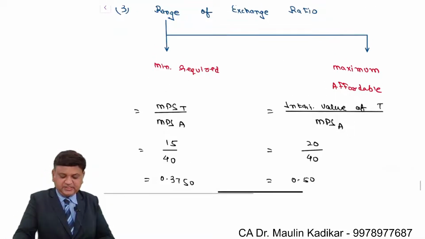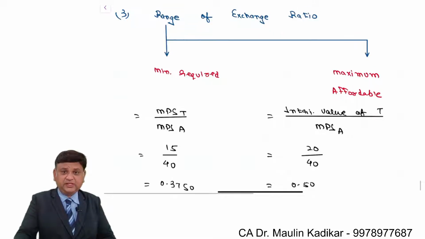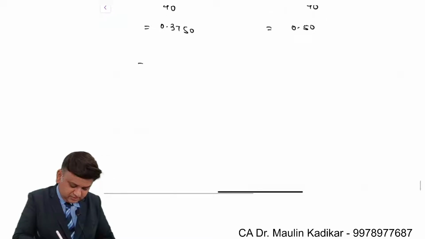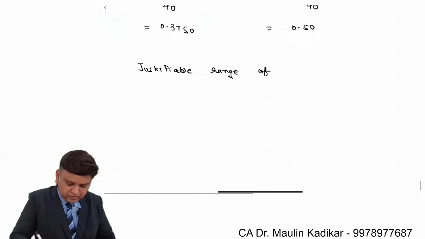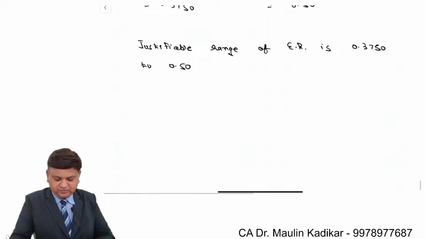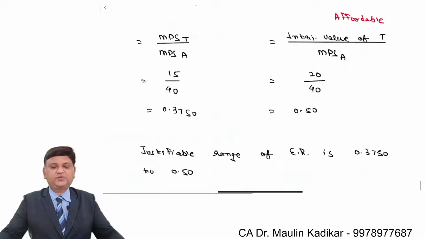So we understand that the justifiable range of the exchange ratio is 0.375 to 0.5. Write an answer: justifiable range of exchange ratio is 0.3750 to 0.50. This is what we understand.